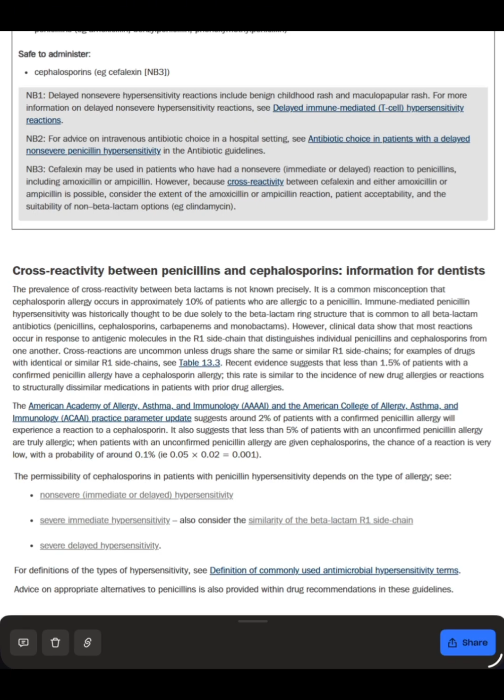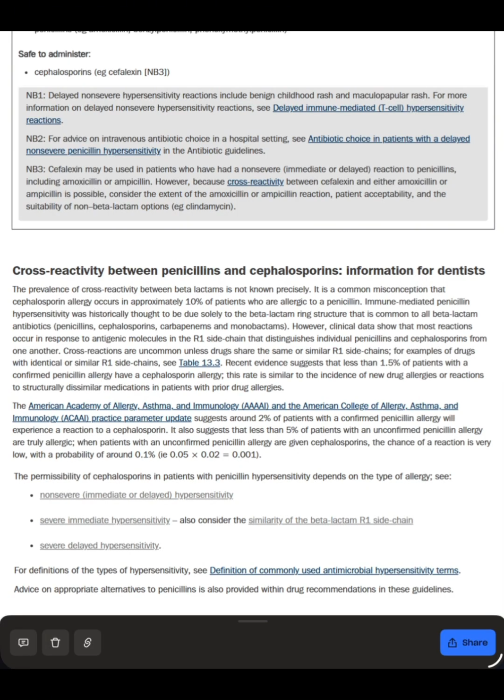Immune-mediated penicillin hypersensitivity was historically thought to be due solely to the beta-lactam ring structure that is common to all beta-lactam antibiotics, for example penicillin, cephalosporin, carbapenems, and monobactams.